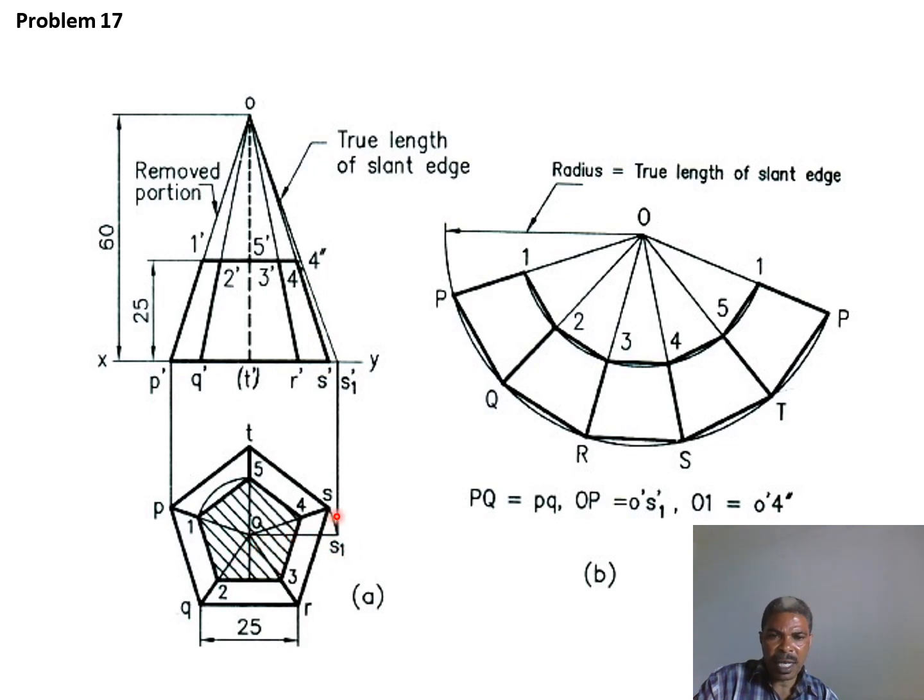After you have drawn an arc until it touches the horizontal one here, then you project upwards, S1 to S1 dash. Then this line from S1 dash to O is the true length of the slant edge. The other procedures would be the same.